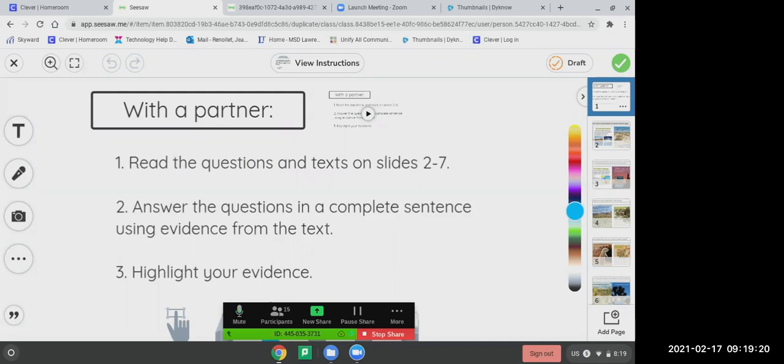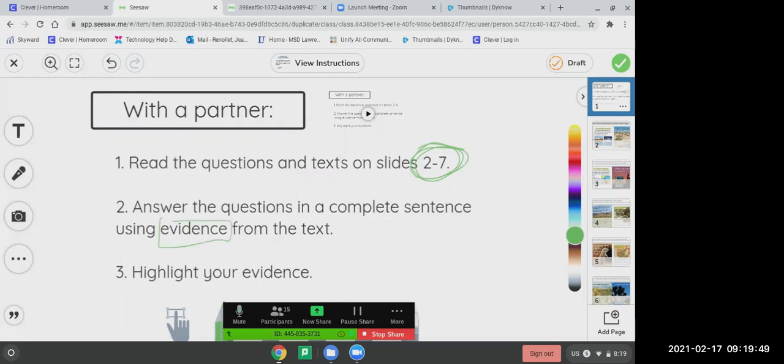Number 1, read the questions and texts on slides 2 through 7. In our breakout room, we're going to be working on slides 2 through 7. You will answer the questions in a complete sentence using evidence from the text.